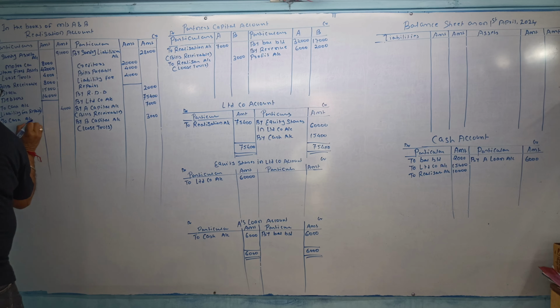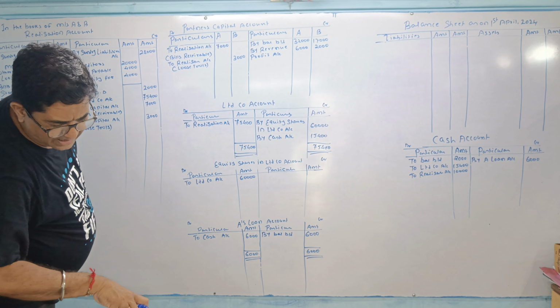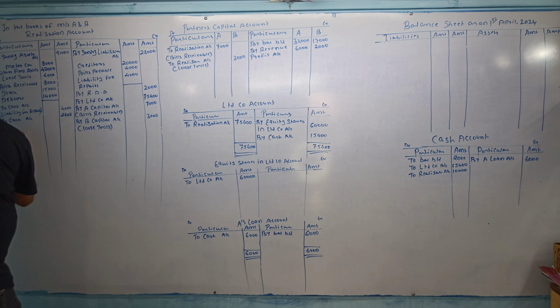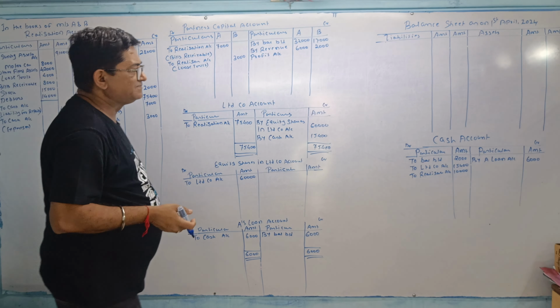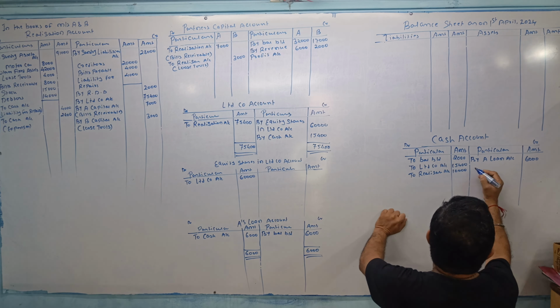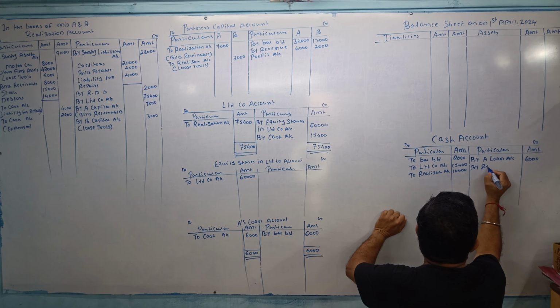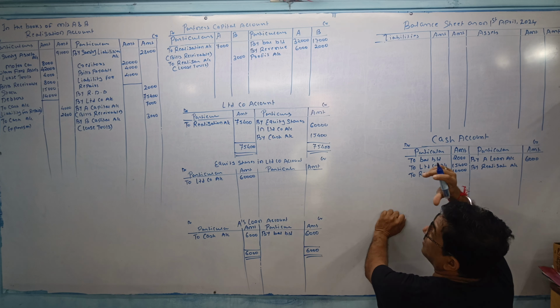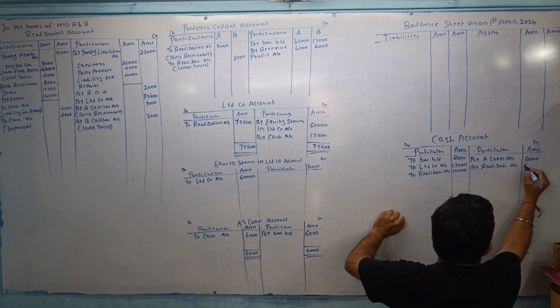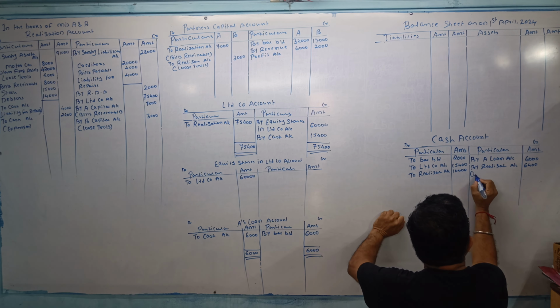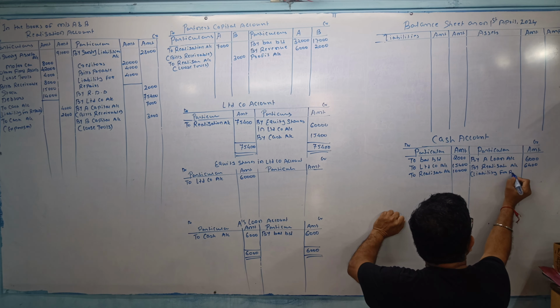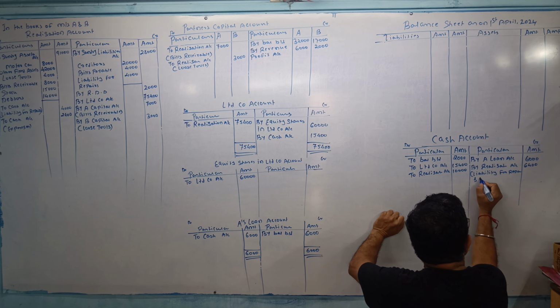So to cash account, expenses are 2,400. So 2,400 in the bracket expenses. Second effect, कैश के पेमेंट साइड में बाय रियलाइजेशन अकाउंट 6,400 liability for repairs and expenses.